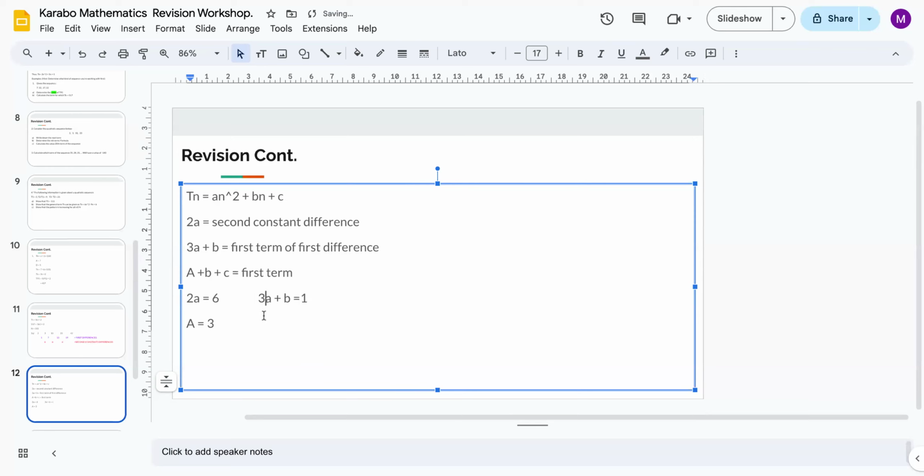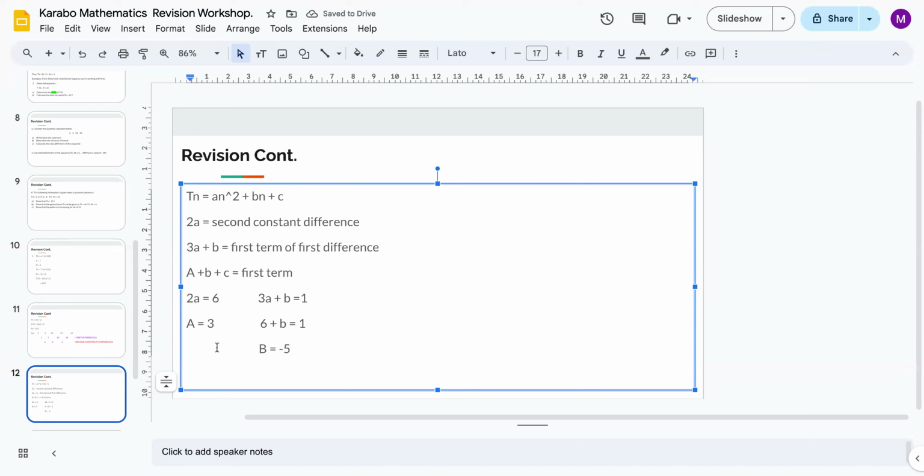All right. But we know that we've already worked out our A value, so we can then substitute that into this to get that 6 plus B is equal to 1. All right. Therefore, the value of our B is equal to minus 5.